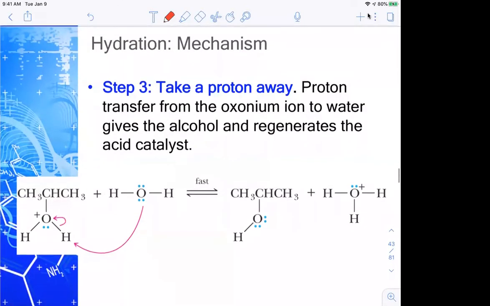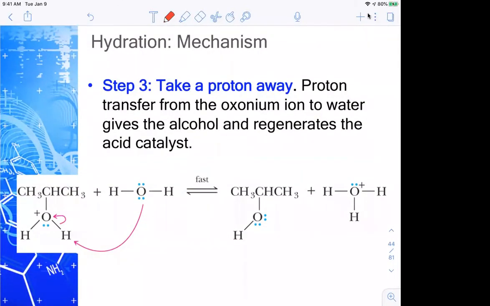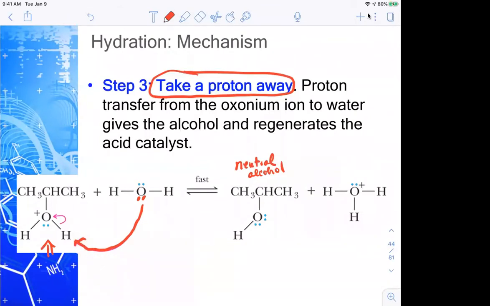Now, I can't leave this alone, because I'm not going to have this positively charged oxonium ion as my product. So my third step is to take a proton away, which is going to give me the neutral alcohol. So water is acting as a base, and those electrons are going to come and attack that hydrogen.